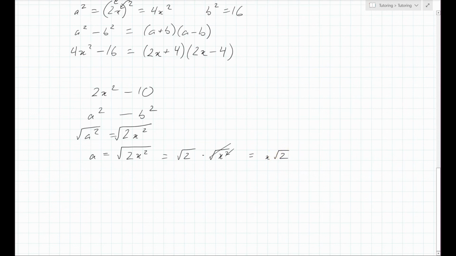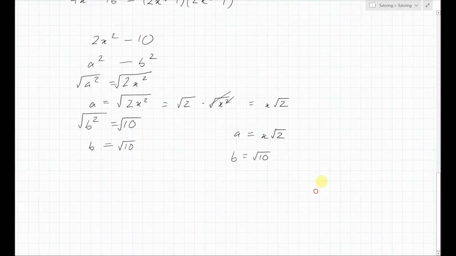So now we've done the a, and now we can do the b. So we know our b squared equals 10. So square root both sides, and we get b equals square root 10. So I'll rewrite it: a equals x square root 2, and b equals square root 10.